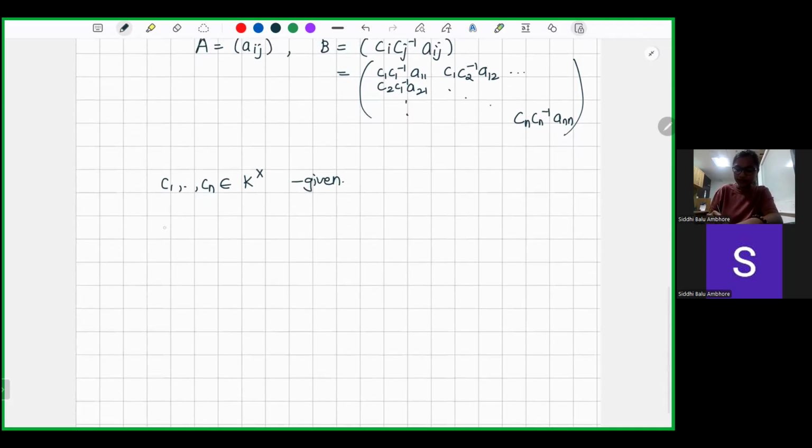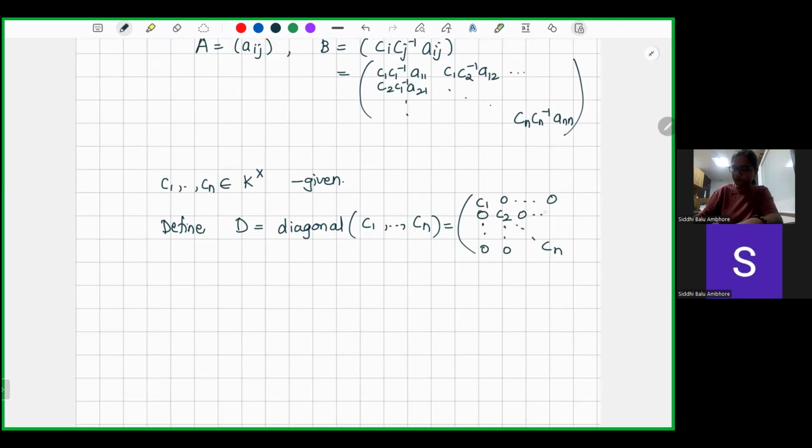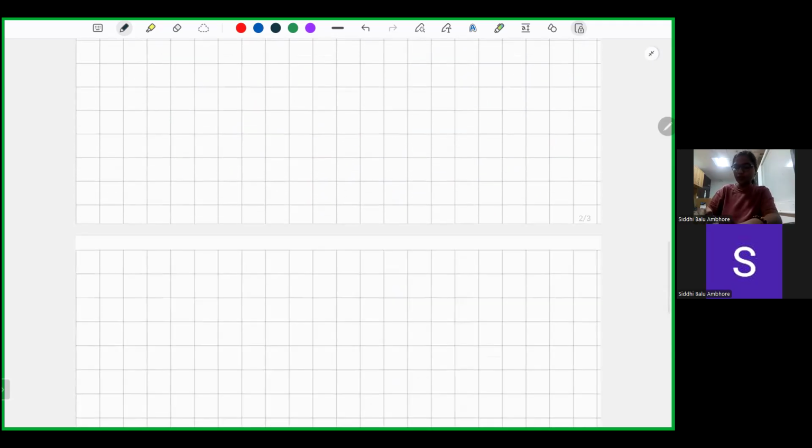So we define the matrix D as diag(C1, ..., Cn). This is the matrix with C1, C2, ..., Cn on the diagonal, and all the rest of the entries are 0. This is my matrix D.